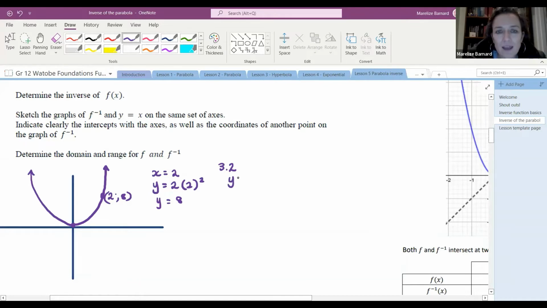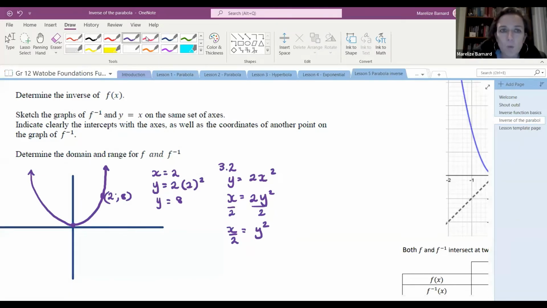But if y is 2x squared, that's my parabola. For my inverse, I'm going to swap x and y. So that's going to become x, that's going to become y for the inverse. Now I still need to get y by itself. So I start off by dividing by 2 on both sides. So I have x over 2 is y squared.